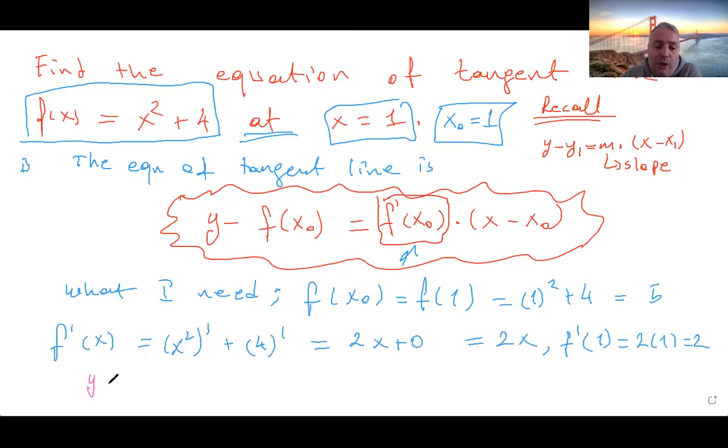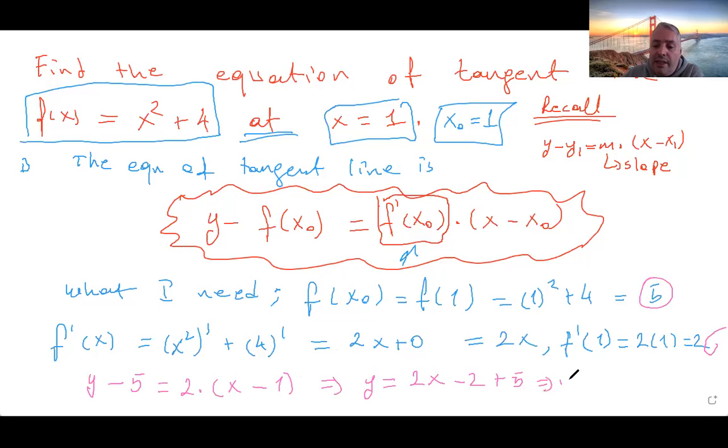So it is equal to y minus f at x0, which means 5, times slope, which is here 2, and x minus x0, which is 1. And then if I arrange this, y is equal to 2x minus 2 plus 5.